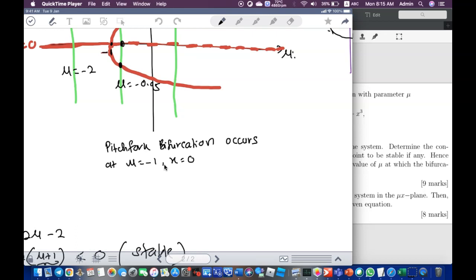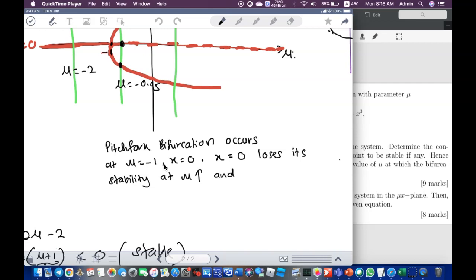Because pitchfork bifurcation occur, okay, so x equal to 0, which is the fixed point of x equal to 0, lost its stability as mu increase.